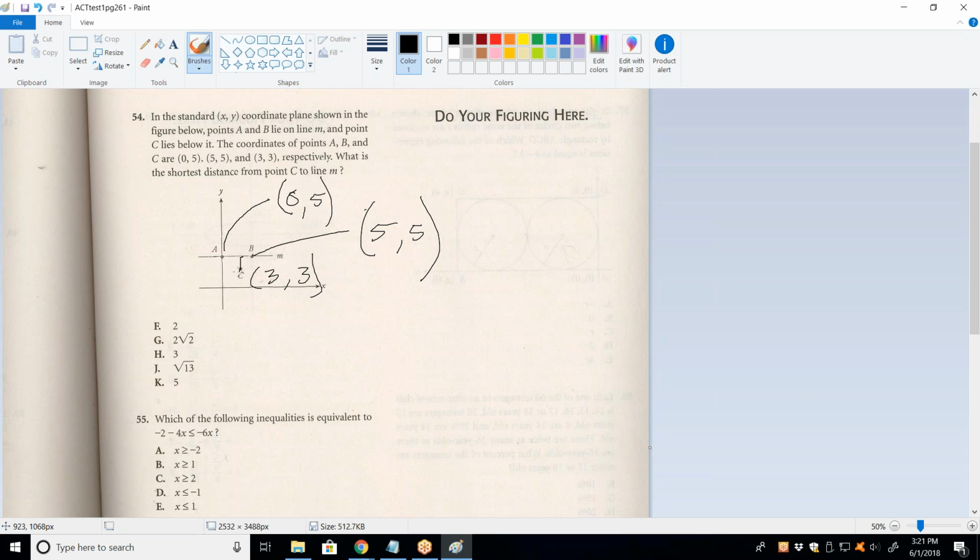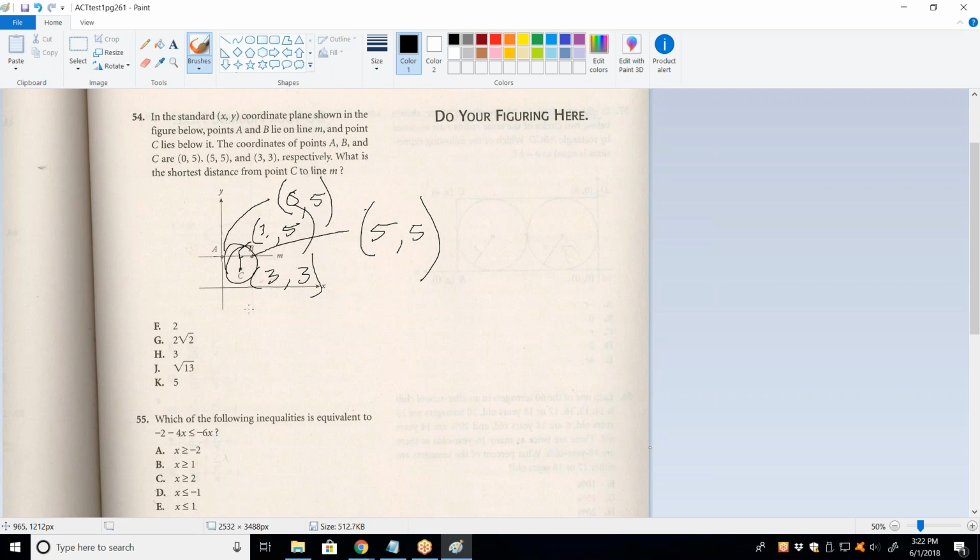What is the distance from C measured perpendicularly to that line? Did I just subtract? Uh-huh. Yeah, so 2. The y coordinate on C is 3. The y coordinate on both A and B is 5. So this coordinate has to be also 5.